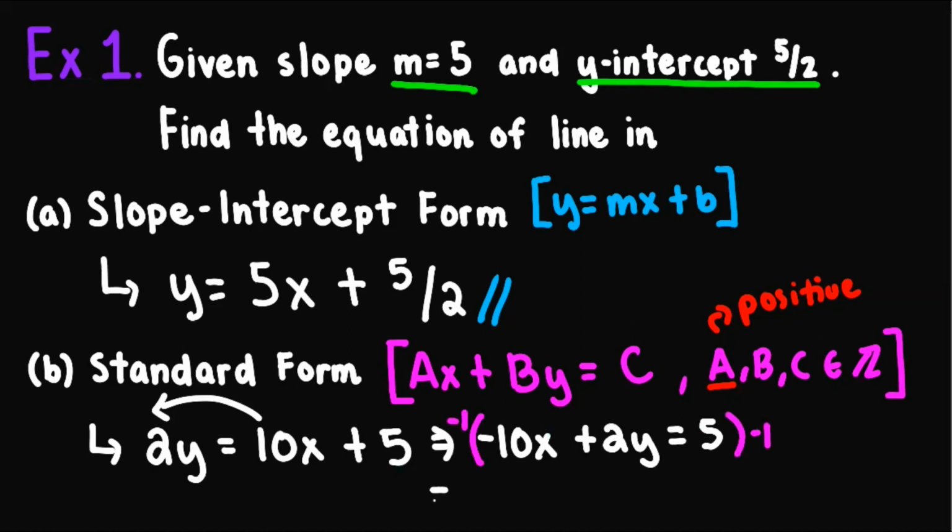This will give us 10x minus 2y equals -5. And this out here is the standard form of the given line. So I hope you got that one right.